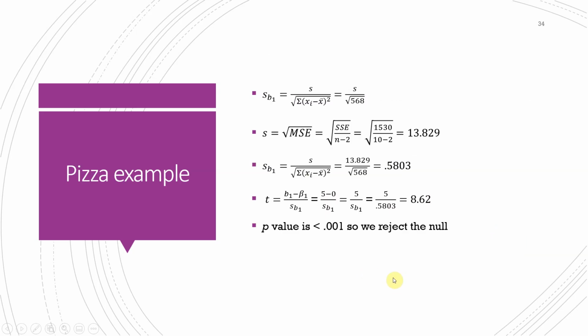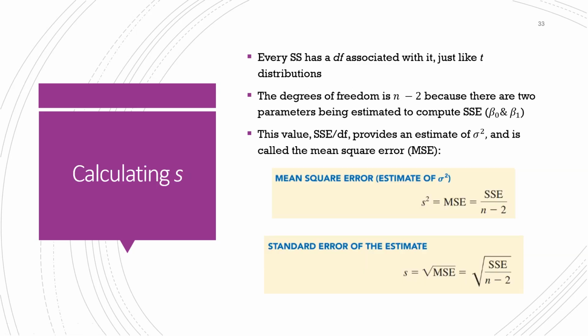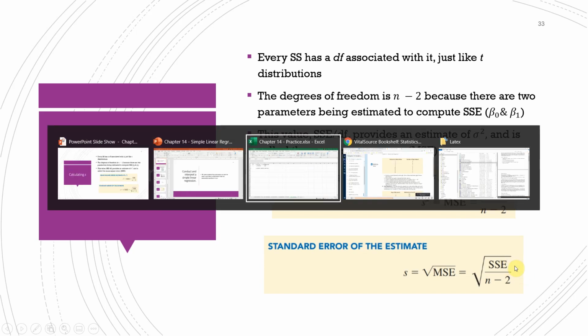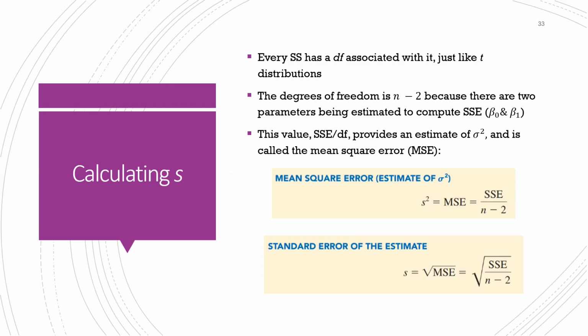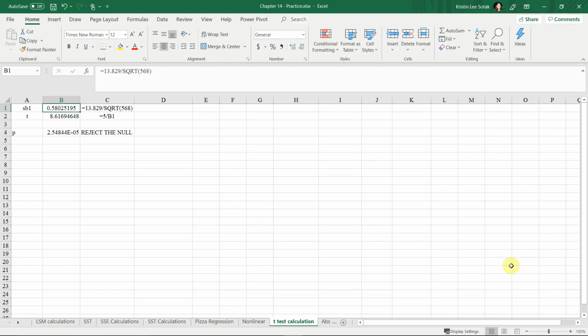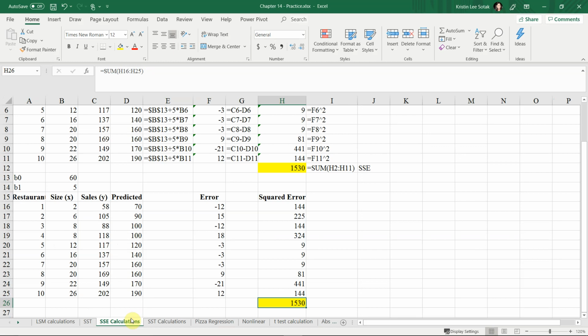We already have the sum of squares error. I think I've done this. Have I done this yet in Excel? Maybe I didn't. So we have the sum of squares error, which we already calculated. Do I have that in here?